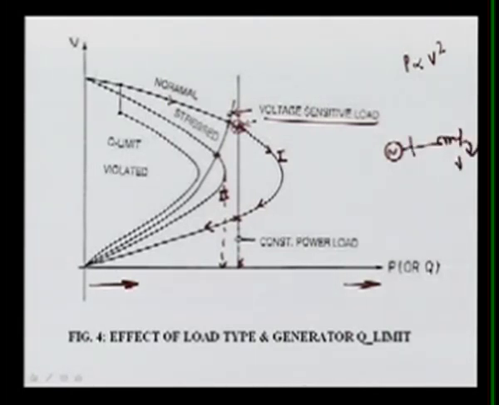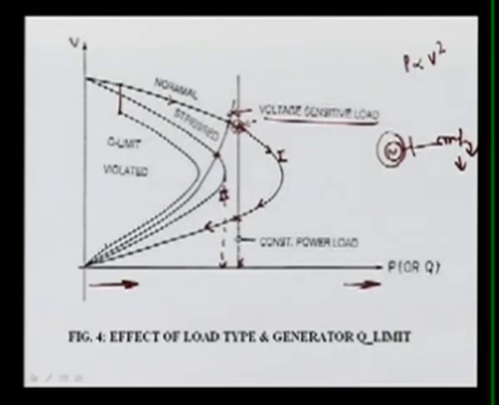If you keep on increasing, this generator or substation will have some limited reactive power generation. If it hits this limit, what will happen? Suddenly the voltage here will drop, and then it will have another PV curve here.